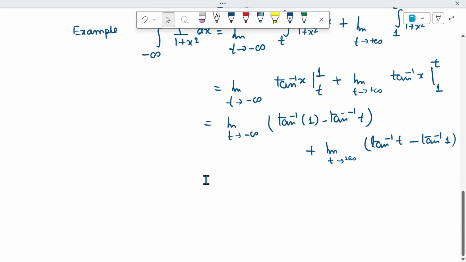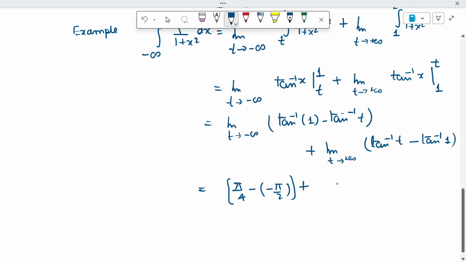Now we have this way. So tan inverse 1 will be pi by 4, and as for tan inverse t, when t tends to minus infinity, it will tend towards minus pi by 2. Plus, we will put a bracket here.